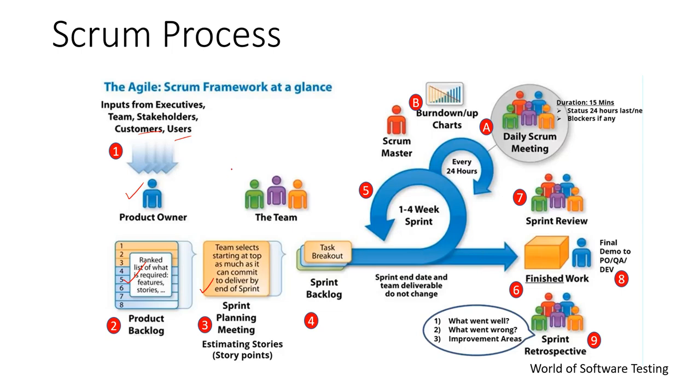The complete Scrum team will be involved, and the team will review all the stories in the product backlog. Whatever stories are in the product backlog document will be reviewed by the Scrum team, and some of the stories will be picked for that particular sprint by the team.